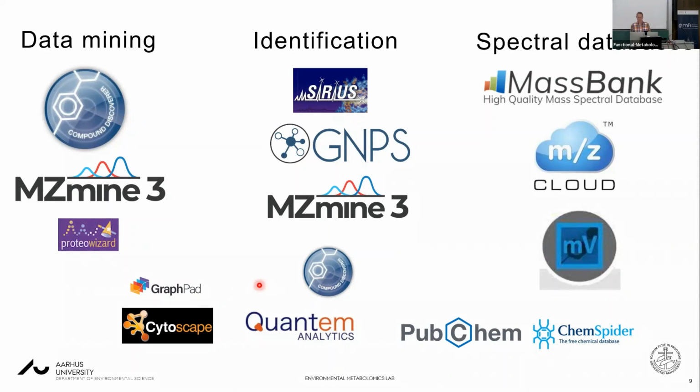And then we are using different spectral databases to confirm the identity of the substances we find. We use MassBank, mzCloud, and some in-house libraries, ChemSpider, PubChem. And then we are collaborating with a company that is doing semi-quantification.